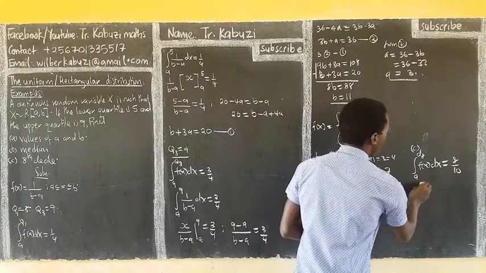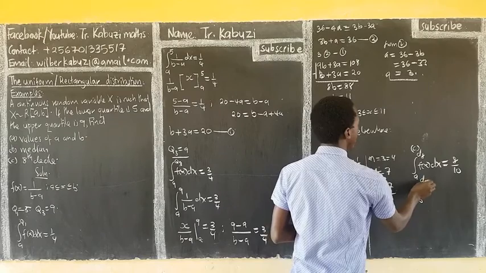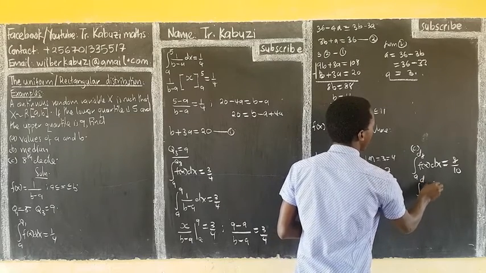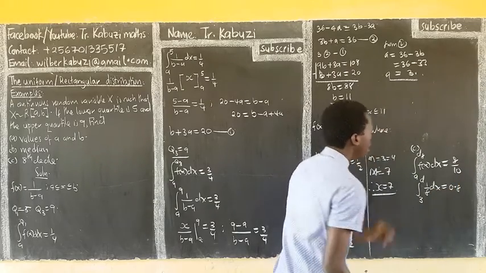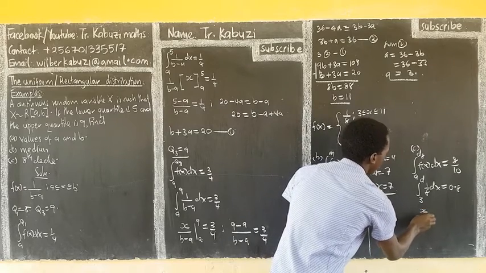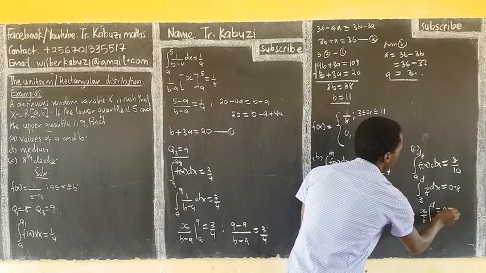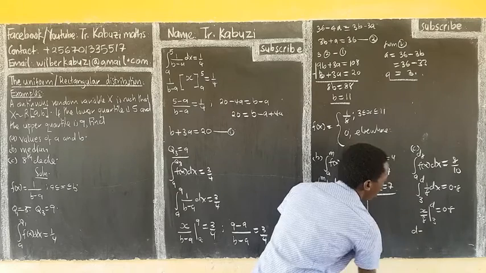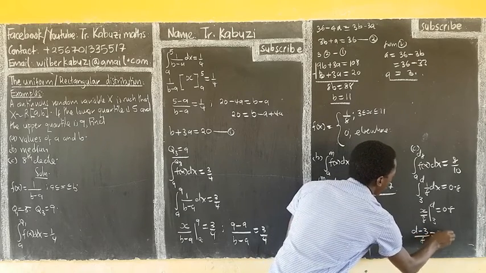So this will be the integral from our lower limit to this d I want, 1 over 8 dx, equal to 0.8. So in substituting, we get x over 8 from 3 to d is 0.8. Can you simplify? So we have d minus 3 over 8 equal to 0.8.